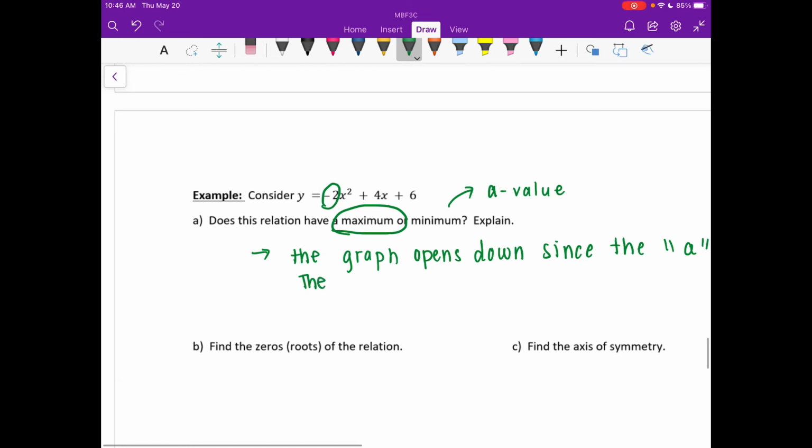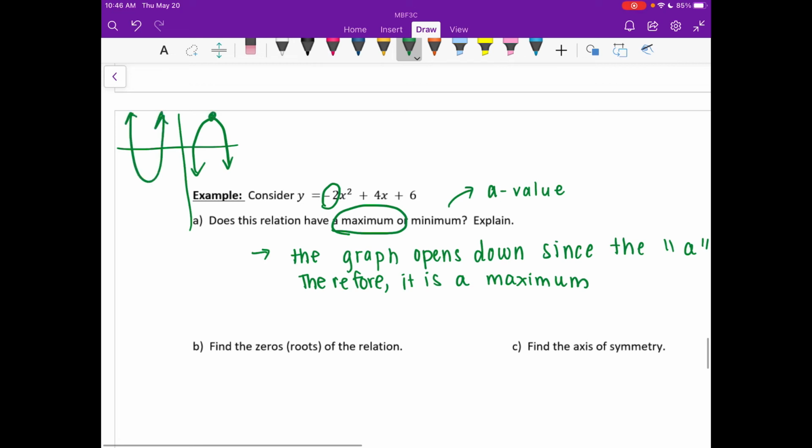Therefore, it is a maximum. Right? That makes sense. If you had a graph, I'm just going to show you a rough sketch. If you had a graph and it opened downwards, there's going to be a maximum. If it opens upwards, there's going to be a minimum number. Okay? That's from unit 2.